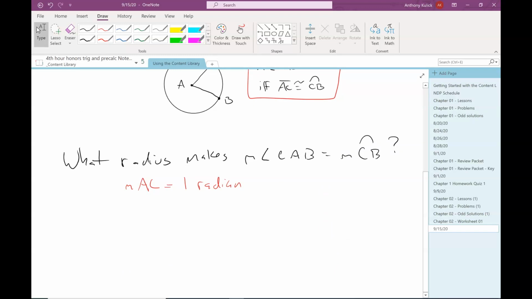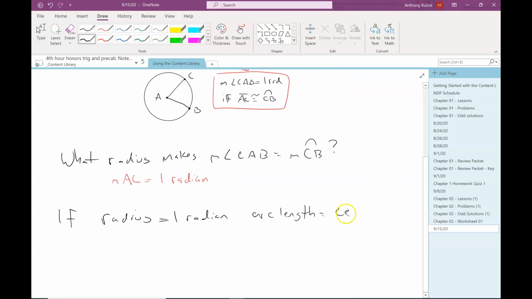So what I found is, if the radius is equal to 1 radian, that arc length is equal to the central angle measure. That's the takeaway there.